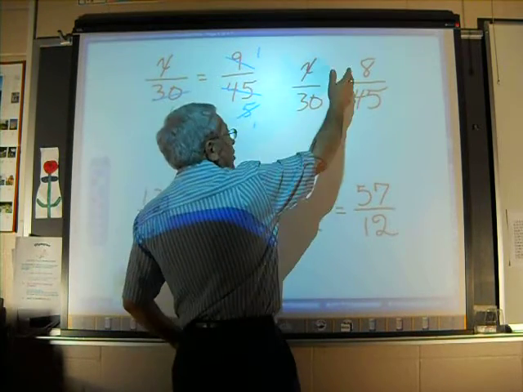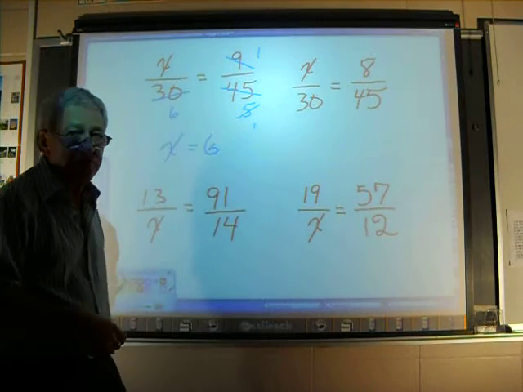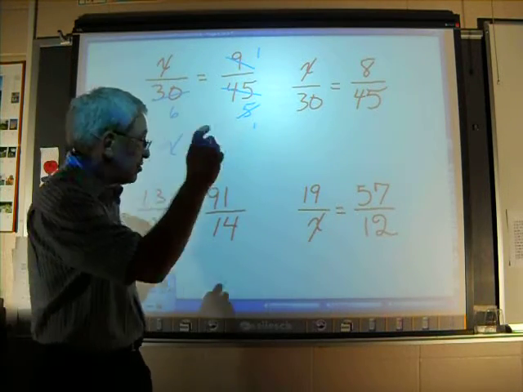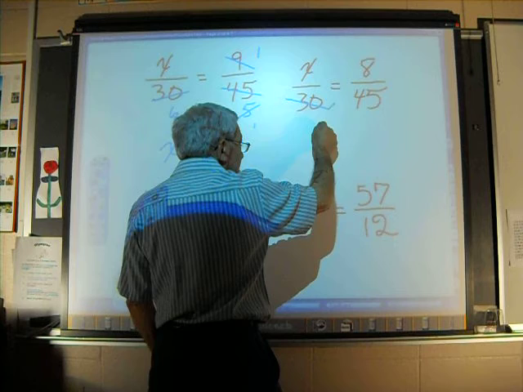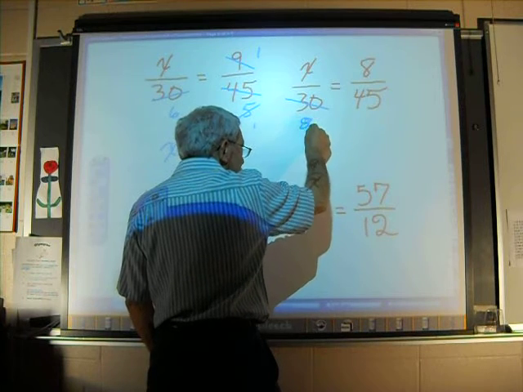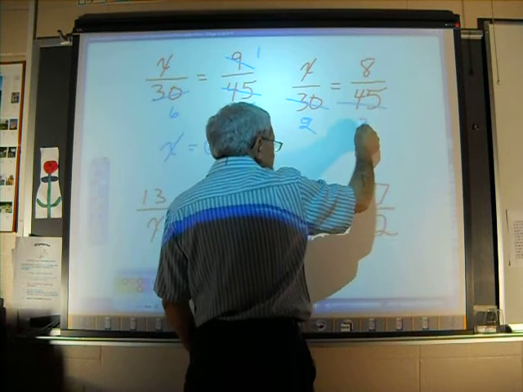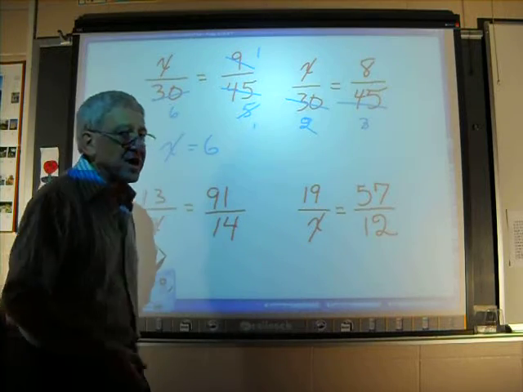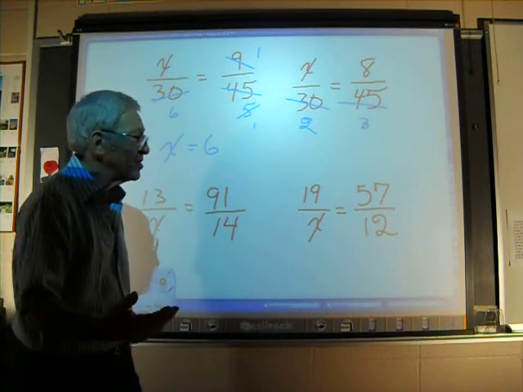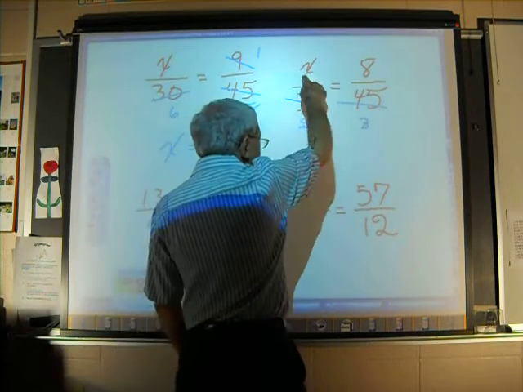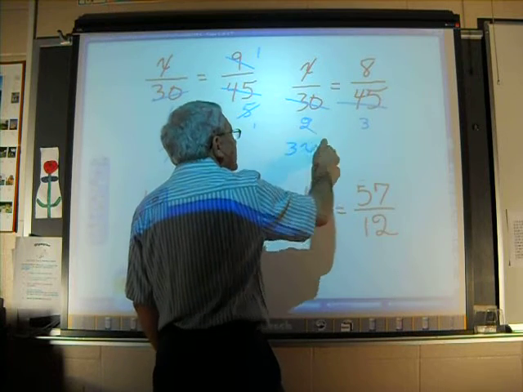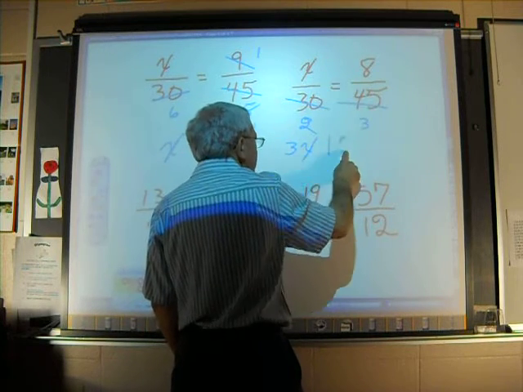Here, 8 doesn't go into 45, it has no common factor with 45, but I can reduce right across the bottom. 15 into 30 is 2, 15 into 45 is 3. Now here I actually have to divide once I get into a one-step equation. X times 3 is 3x, 2 times 8 is 16.